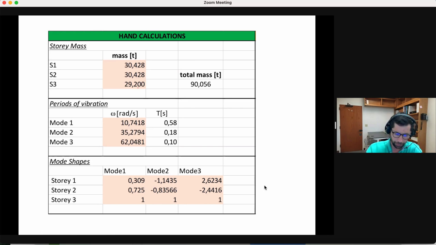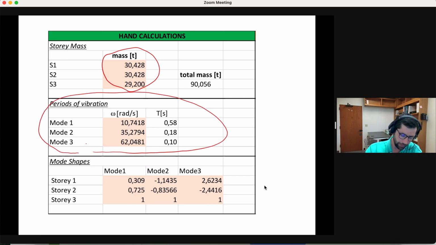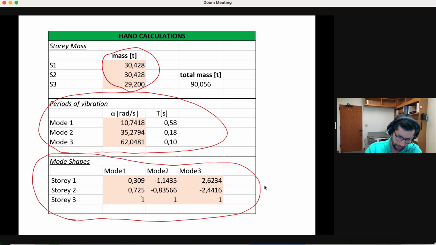For instance, you will write the mass at the different levels, the periods of vibration, and the mode shapes, okay? The displacement of the roof of the structure is set to 1 for mode shapes 1, 2 and 3. This is because the actual values are not important, only the ratio between these values, only the deformed shape.